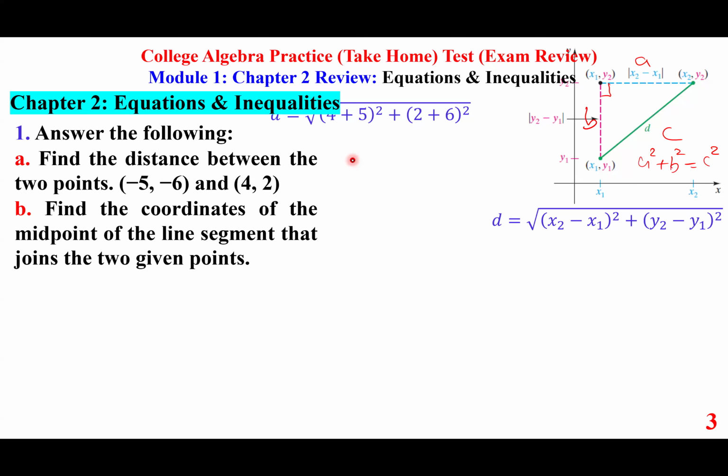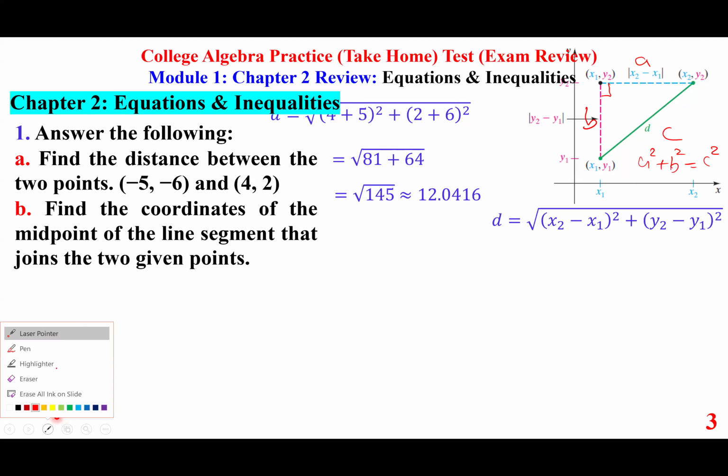So we have 4 and 5, 9 squared, 81, 2 and 6, 8 squared, 64, and they add up to 145. This is the exact answer, everybody. When you put it into a calculator with a bunch of decimals, it becomes an approximation.